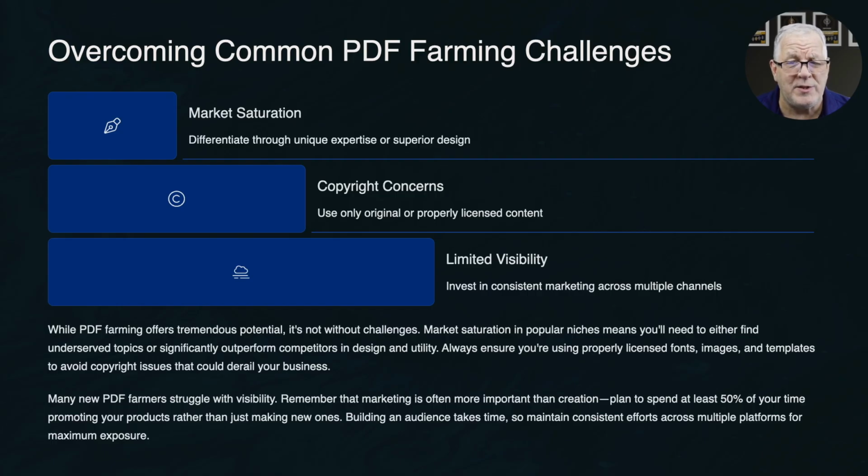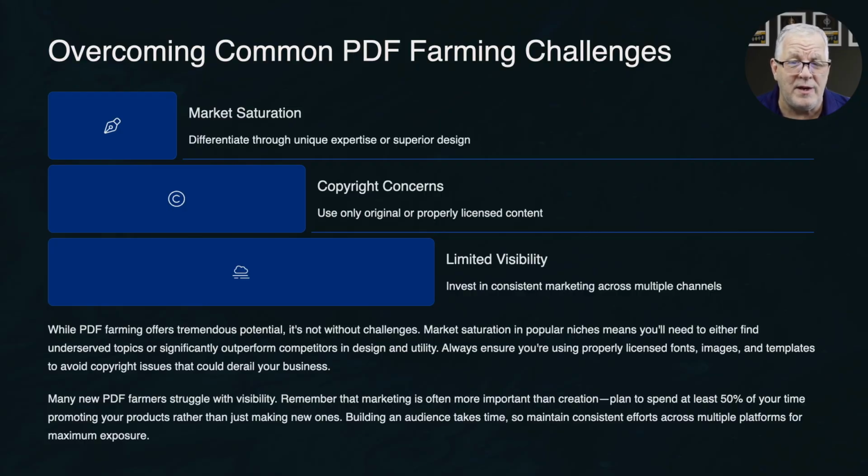Differentiation through unique expertise or superior design is essential. Copyright concerns are real. Always ensure you're using properly licensed fonts, images, and templates to avoid copyright issues that could derail your business. When in doubt, create original content or purchase proper licenses.